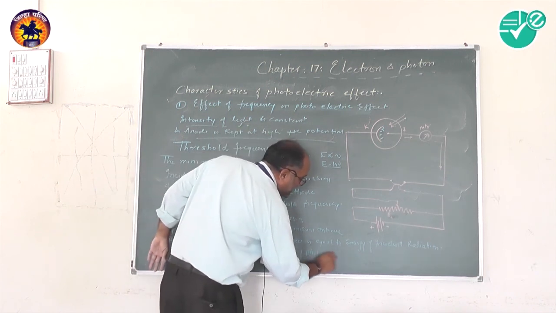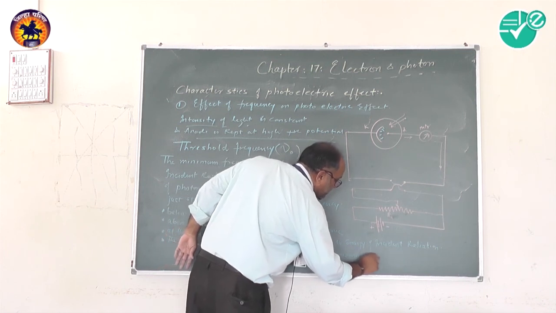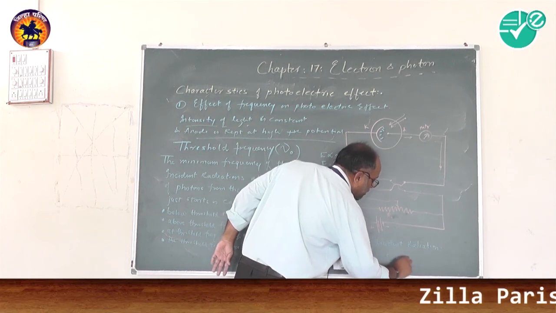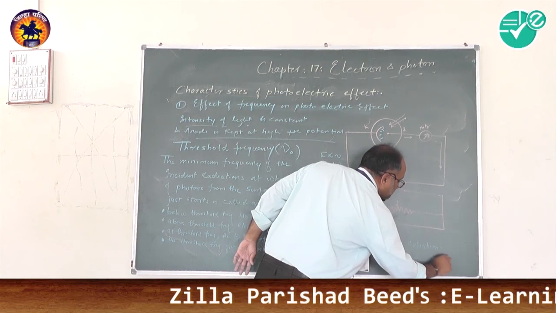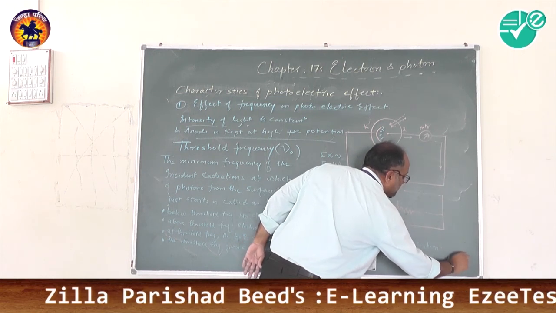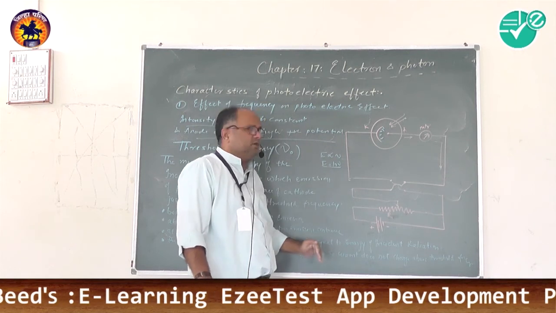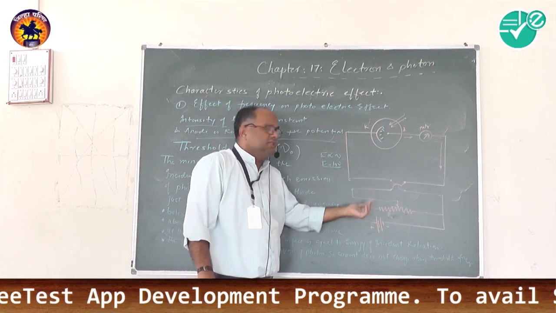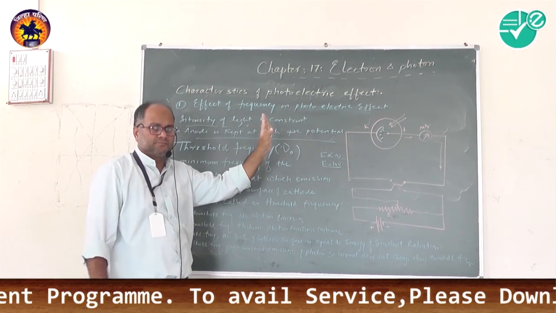So current does not change above threshold frequency. This is very important because threshold frequency just defines whether the electron will emit or not. But once the emission takes place, the number of electrons emitted above threshold frequency will be constant.